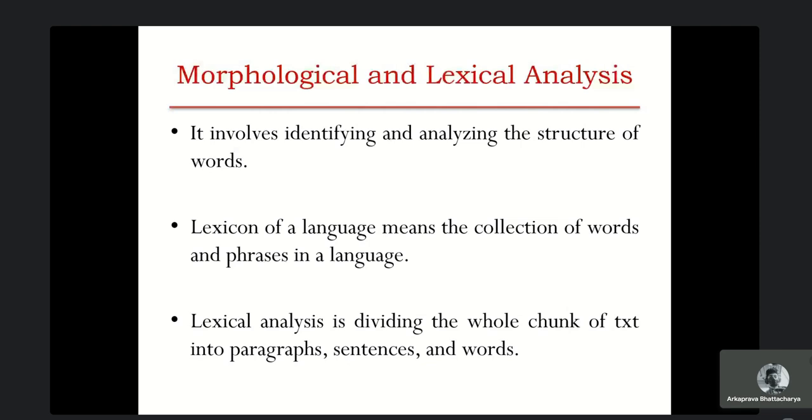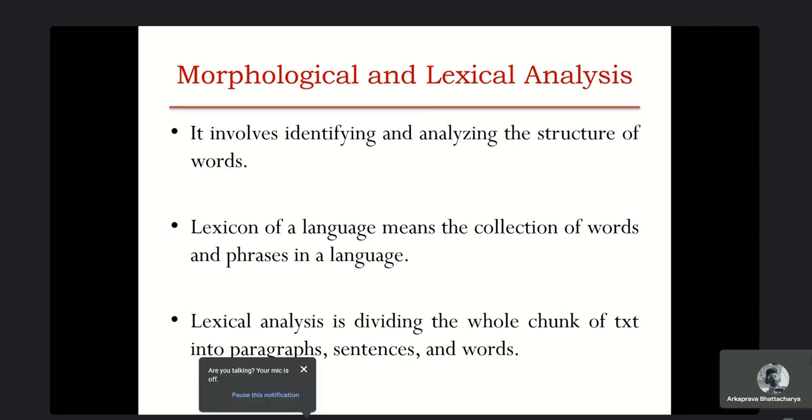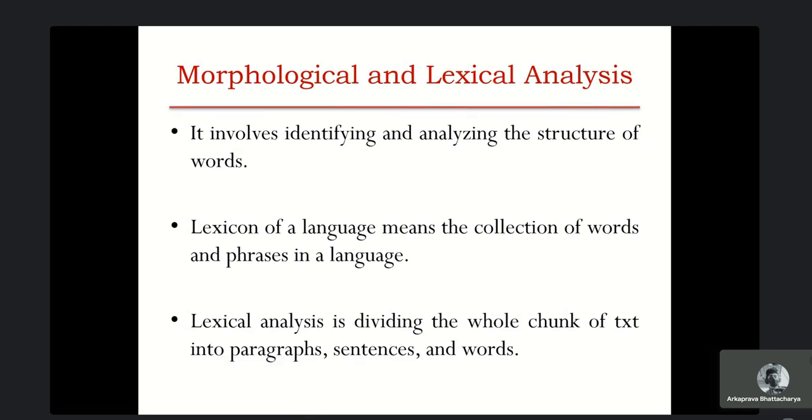When I look into lexical analysis, there are ambiguities which we also look into. Lexical analysis involves identifying and analyzing the structure of words. This is what we call the first phase of natural language processing.